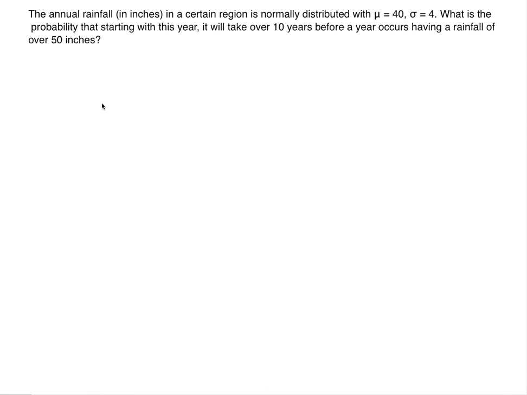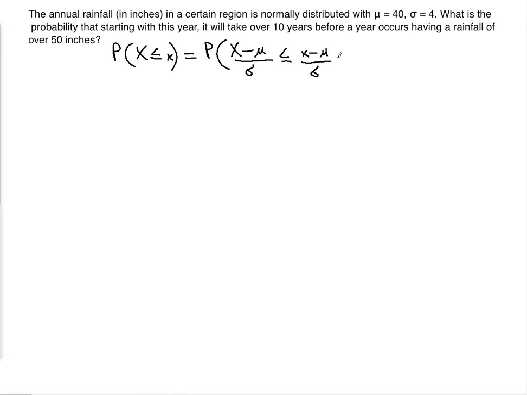So the first thing you need to realize is that, since it's talking about normal distribution, in order to find the probability, first note that the probability of the random variable being less than or equal to, for example, x is equal to the probability of subtracting the mu from the random variable, dividing the difference by the sigma, and less than or equal to the same thing from the small x, the value that you're going to plug in, subtracting the mu and dividing the difference by the sigma.